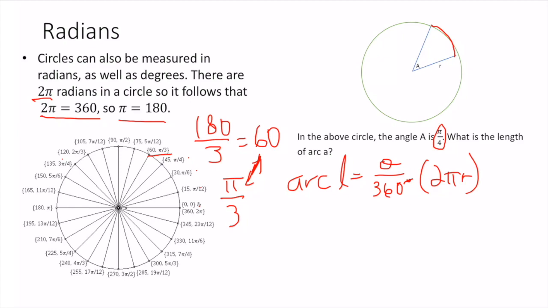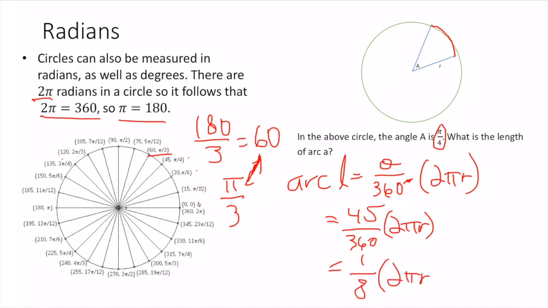So this equals 45 over 360 times 2 pi r. 45 over 360 I can reduce to 1 over 8, and again times 2 pi r.